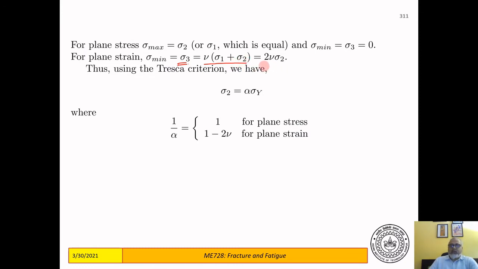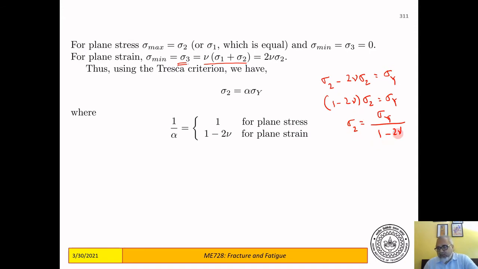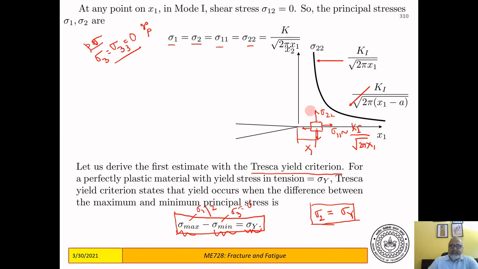So sigma 2 minus 2 nu sigma 2 is equal to sigma y, sigma max minus sigma min, that is 1 minus 2 nu sigma 2 equal to sigma y, which means yield will occur according to Tresca in plane strain when sigma 2 is equal to sigma y by 1 minus 2 nu. So what we are going to see is that yield will occur when this sigma 22, which is also equal to sigma 2, attains either a value of sigma y in plane stress or sigma y by 1 minus 2 nu in case of plane strain.